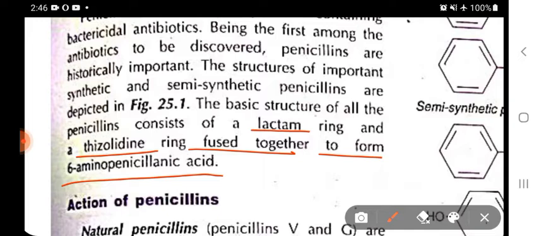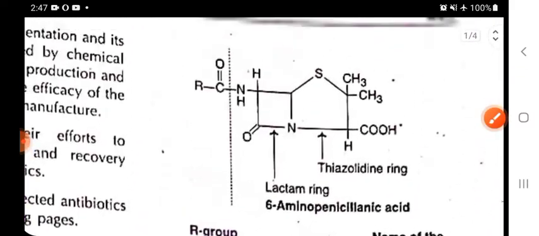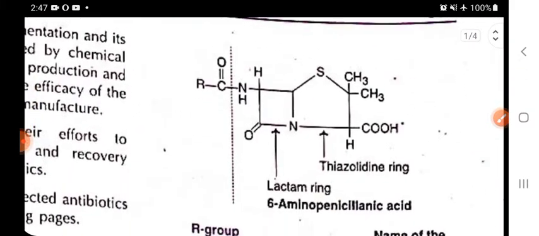So the general structure of penicillin has a beta lactam ring and a thiazolidine ring which are fused together and form 6-amino penicillinic acid.